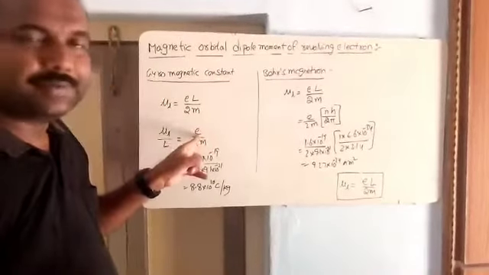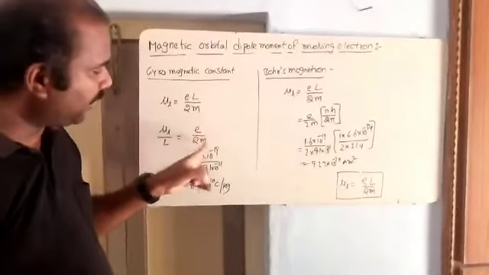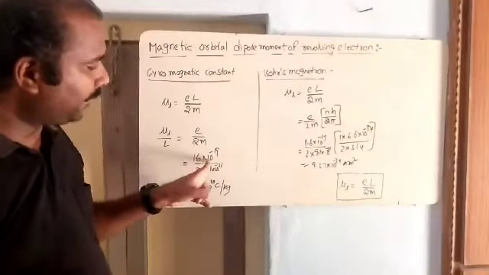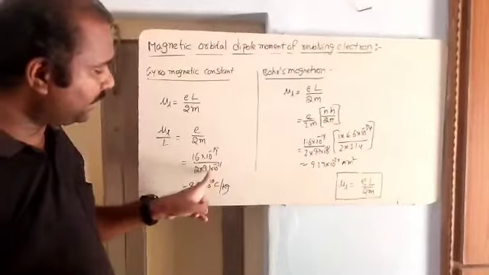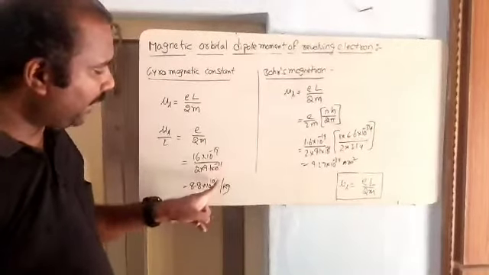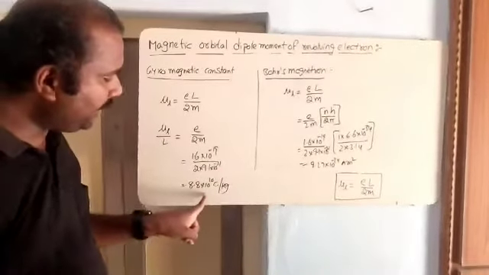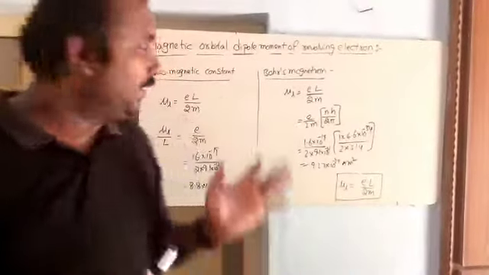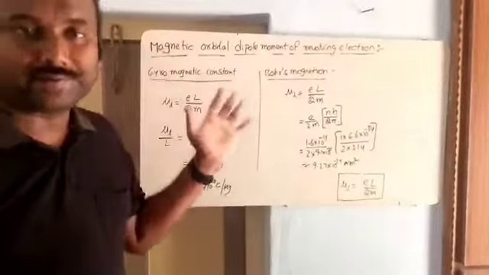What does e stand for? e is nothing but the charge of the electron, and m stands for the mass of the electron. Charge 1.6 into 10 to the power of minus 19, and the mass 9.1 into 10 to the power of minus 31, and finally this 8.8 into 10 to the power of 10. This 8.8 into 10 to the power of 10 is called the gyromagnetic constant.